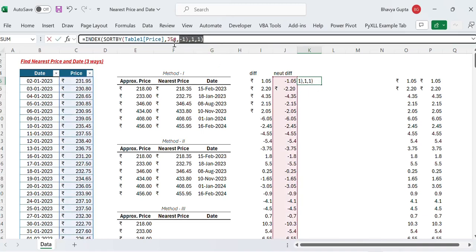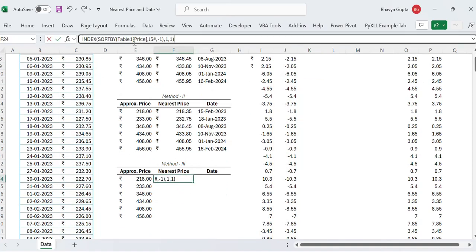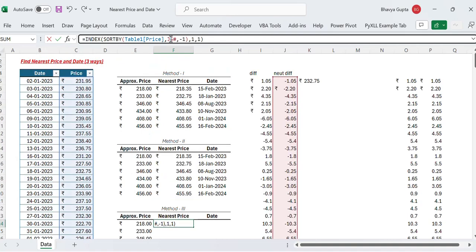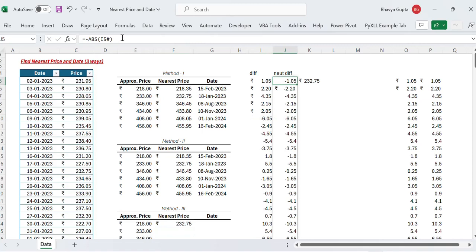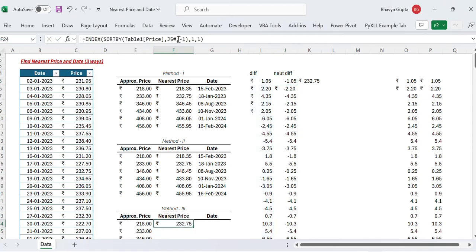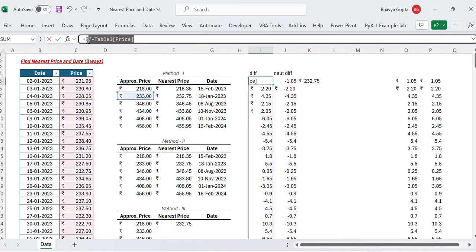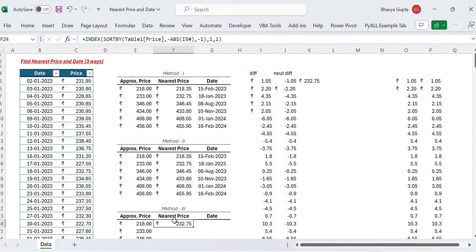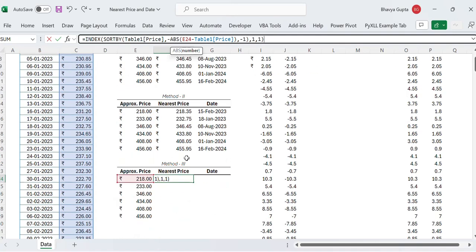Now let's try to apply this function for each of the approximate prices in method 3. Let's paste that here and make the replacements. J5 hash reference, so we will copy this, come here, replace J5 hash with this, and I5. So we will copy this and replace I5 hash with that, and place that here.